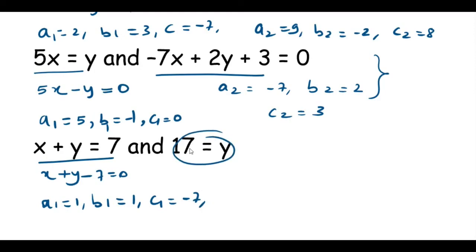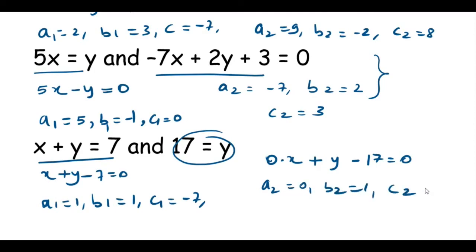And the next is 17 = y. This equation can be written as 0·x + y − 17 = 0. Compare this equation with a2x + b2y + c2. We have a2 = 0, b2 = 1 and c2 = −17.